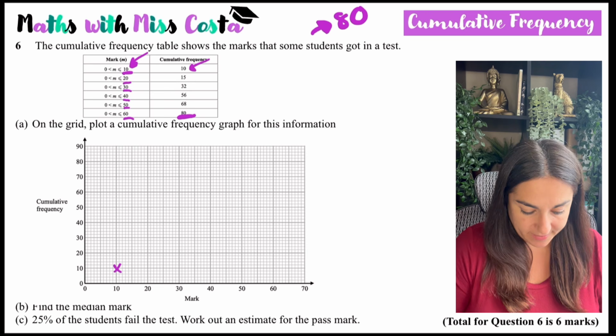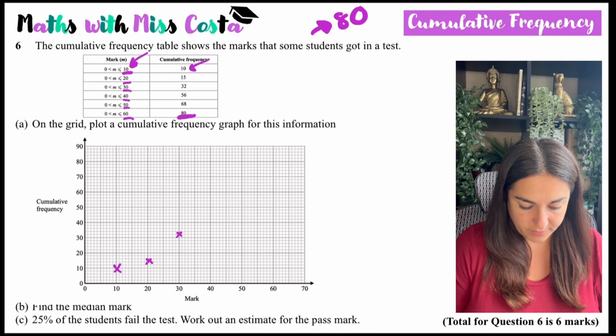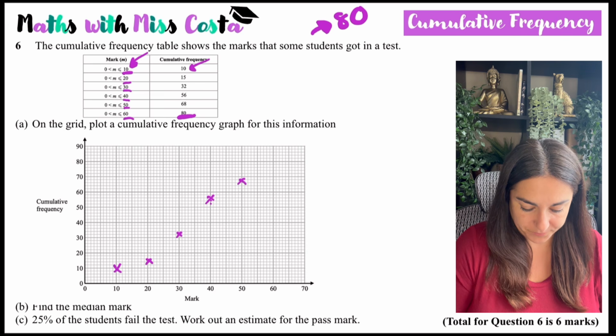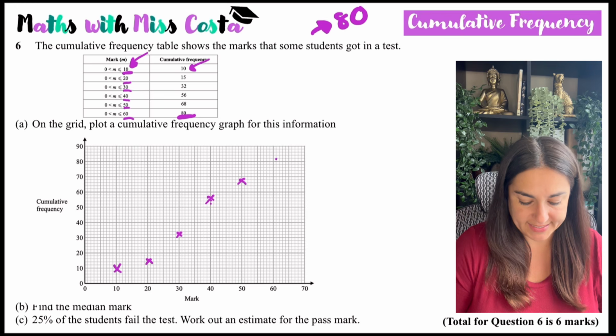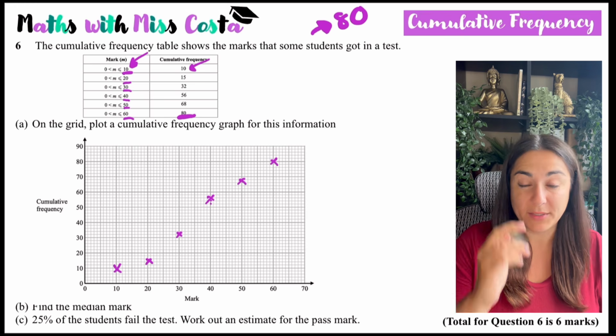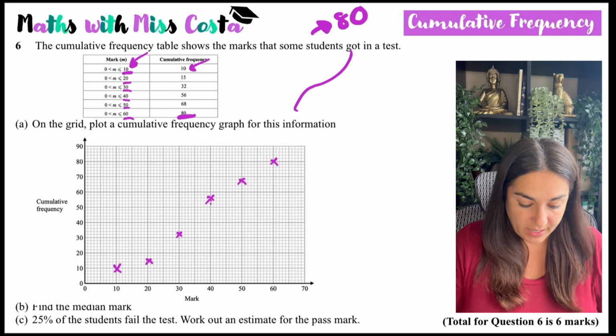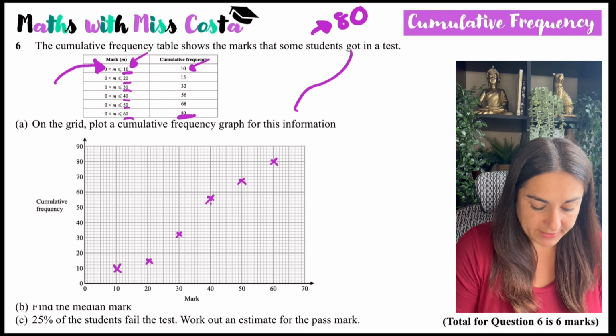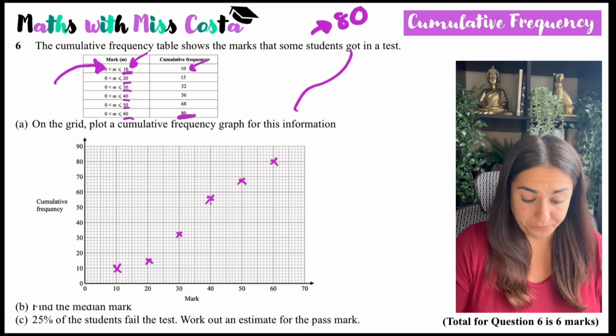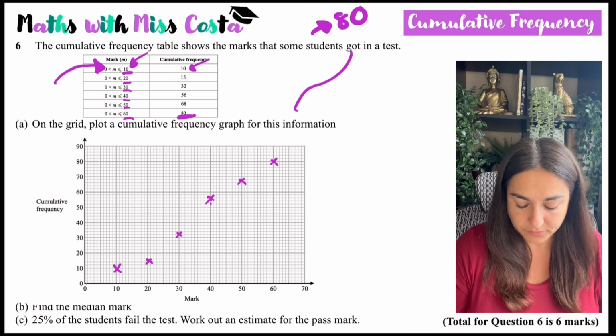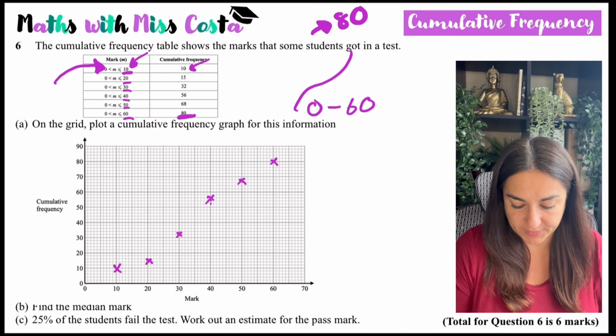So 10, 10, then 20, 15, then 30, 32, then 40, 46, then 50, 68, and then 60, 80. Your cumulative frequency graph is always going to look like this. This one starts from 0, so you're going to start it from 0, because essentially it's saying the marks were from 0 to 60.